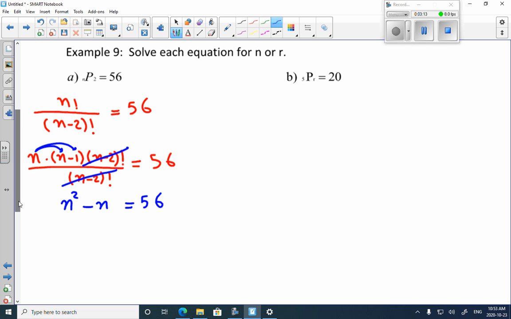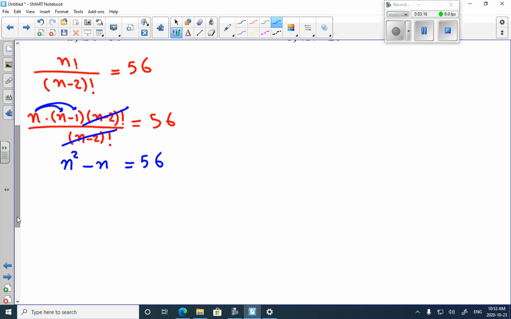That is a quadratic equation. To solve it, I need to bring everything to one side, make it equal to 0, and try to factor. So what I have here is n squared minus n minus 56 equals 0. Now we try to factor this. We have to find two numbers that when you multiply, you get negative 56, and when you add, you get negative 1.